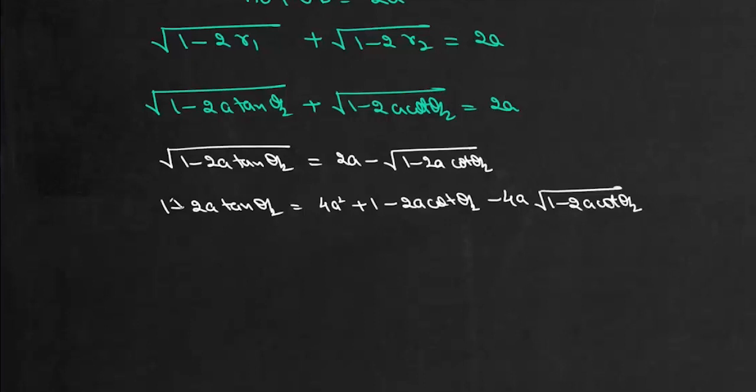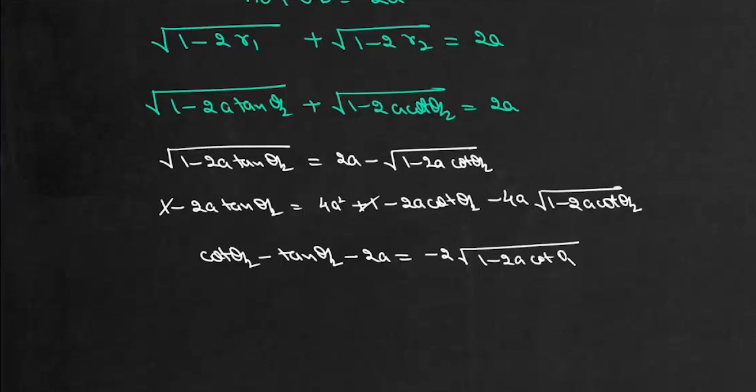Now here this 1 and 1 will cancel. We'll cancel this 2a also. So we can write this as cot theta by 2 minus tan theta by 2 minus 2a will be equal to minus 2 under root of 1 minus 2a cot theta by 2. Now we'll square it again.